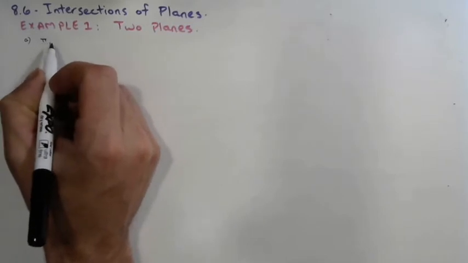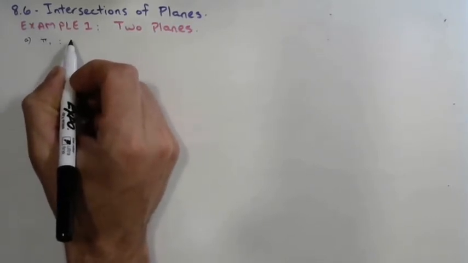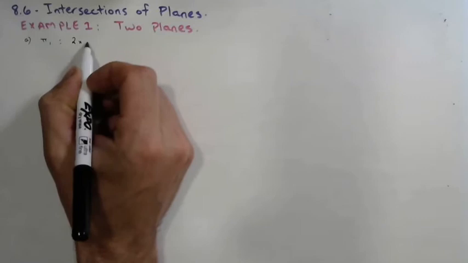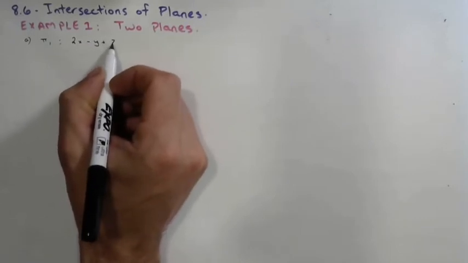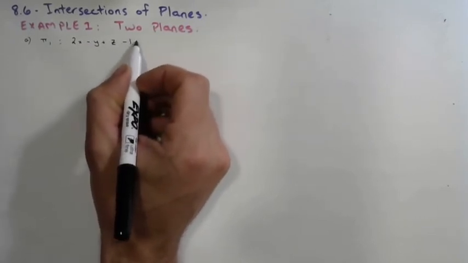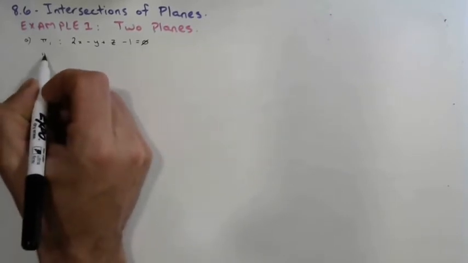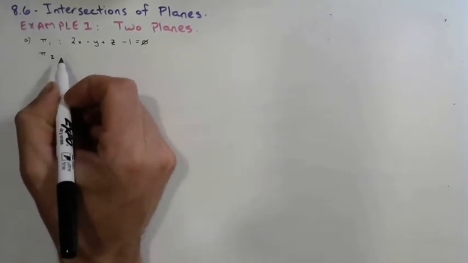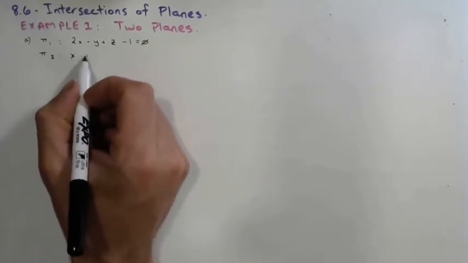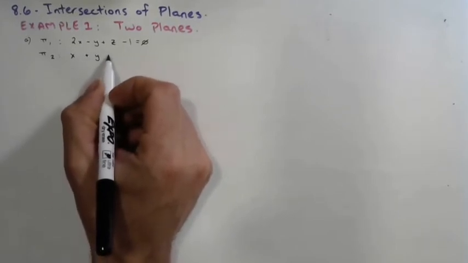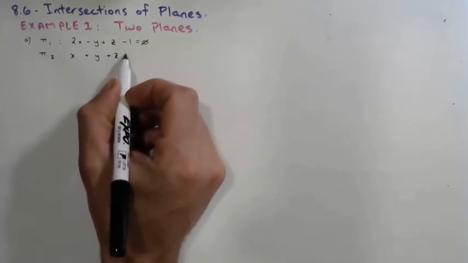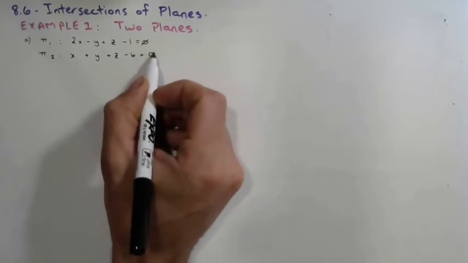In 1a, we're given plane 1, which is 2x minus y plus z minus 1 equals 0, and plane 2, which is x plus y plus z minus 6 equals 0.